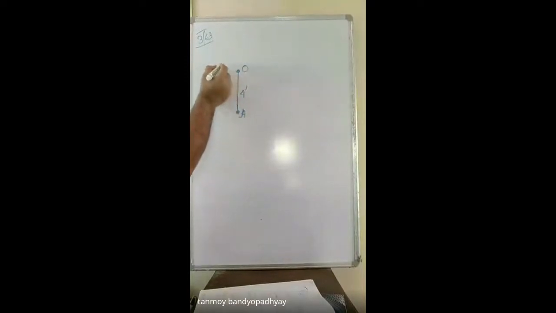Then again you go back a distance of 1 feet, and we reach a point B. This is the point B. This distance is 3 feet.